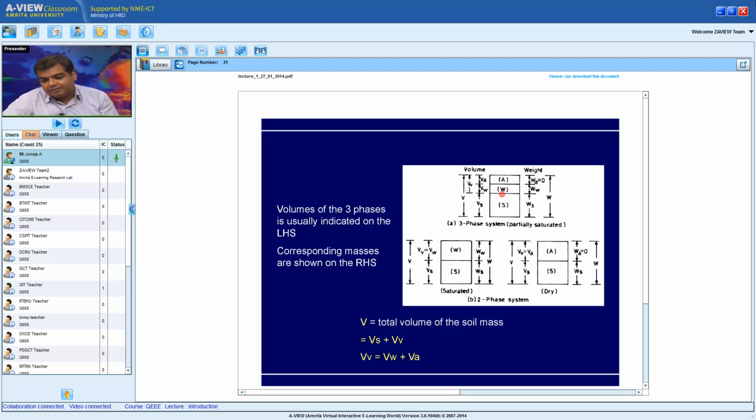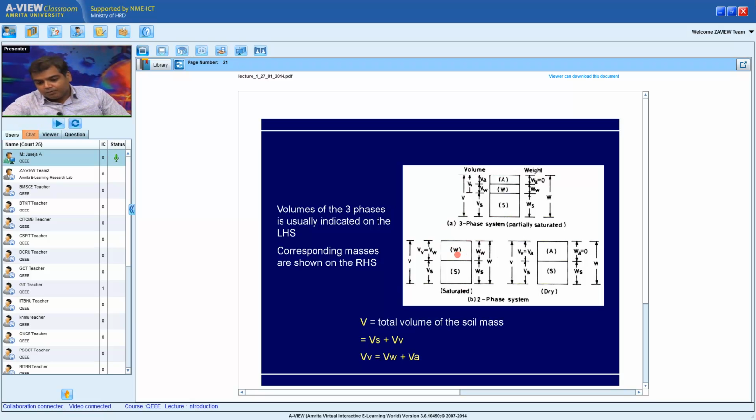There will be two extremes to this three-phase diagram. The bottom two figures show the two extremes. The bottom left figure speaks about a saturated soil. We will come to the term saturated in the next 2 or 3 slides. But for the time being, let's visualize that all the air voids have been filled with water.